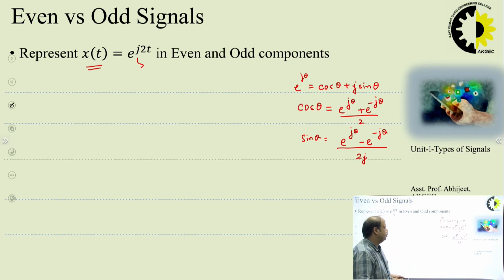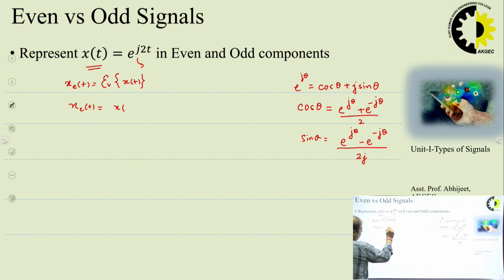What is the definition for the even component? Suppose xe of t is the even component of the signal x of t. So how is it defined? Xe of t is defined as x of t plus x of minus t upon 2.